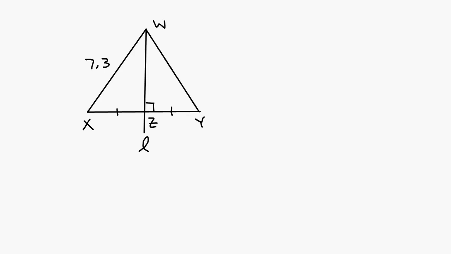It splits XY in half, and it intersects it at 90 degrees, which makes it a perpendicular bisector, which means that W is equal distance from X and Y. So if you're asked to find YW, or WY, what's YW equal to? 7.3. It's 7.3. These two sides will be equal to each other.